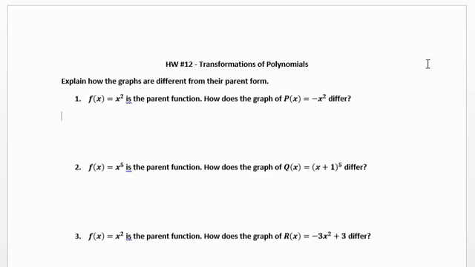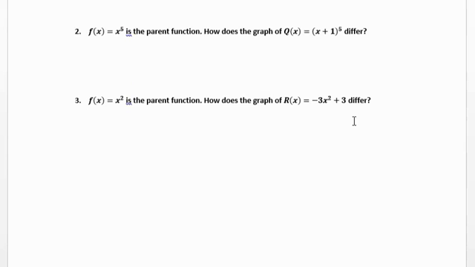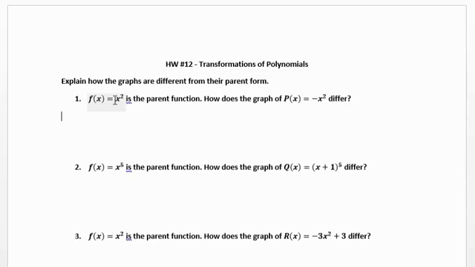So for this assignment, you're going to be given these 3 polynomial functions. You're going to be given the parent function, first of all. So for the first one, the parent function is x squared. Then you're going to be given a polynomial that's similar to the parent function, but it differs a little bit.